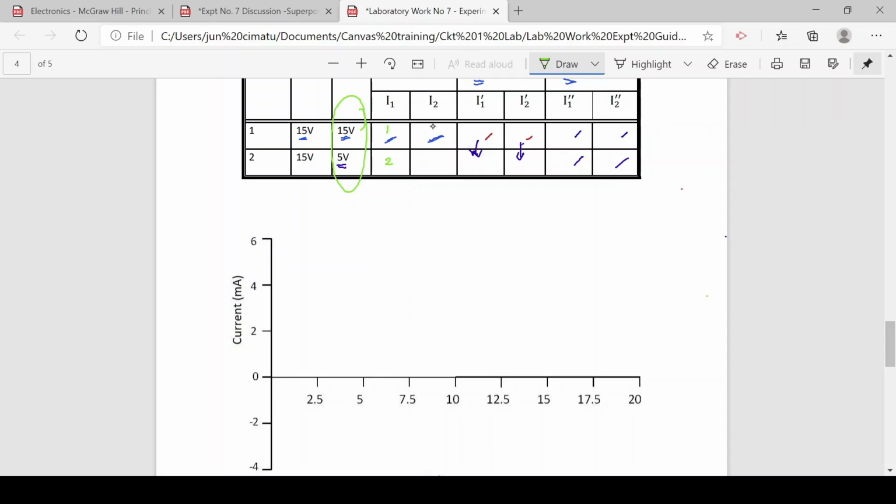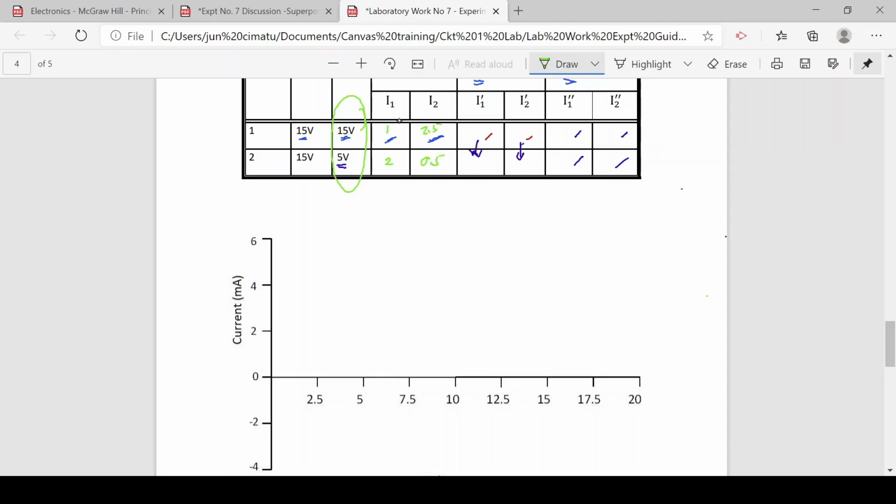However, for I sub 2, when the voltage E2 is changed to 5 volts, we expect the branch current to drop, say to 0.5.